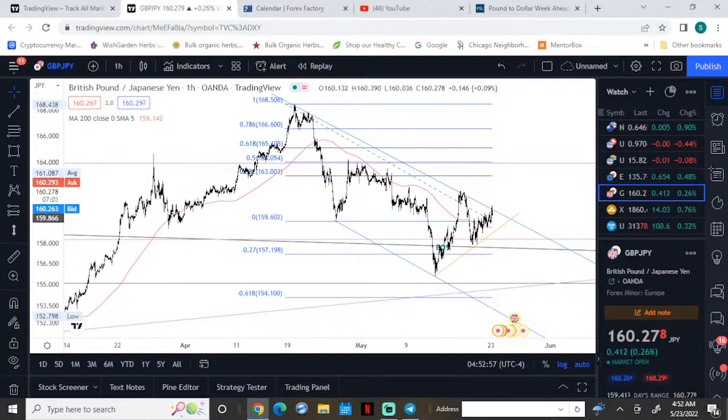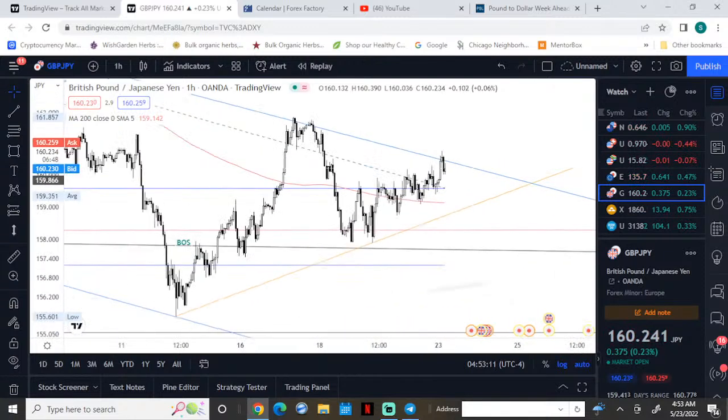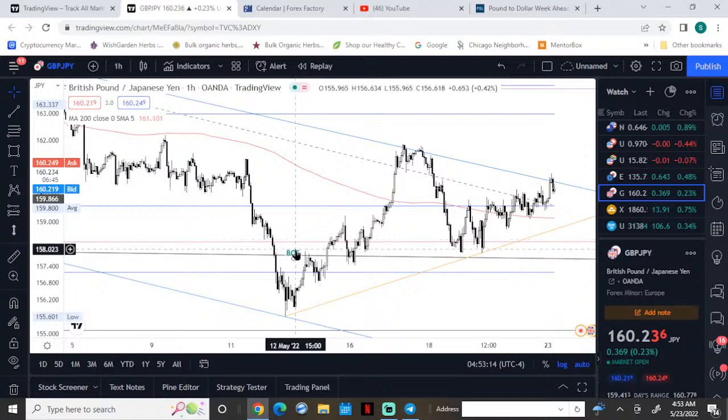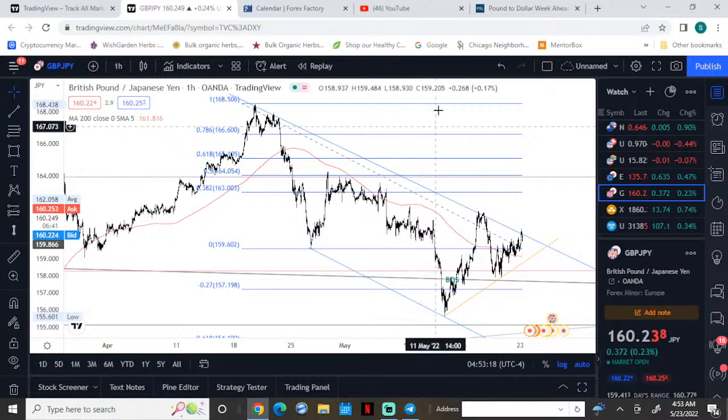I can use the same fib. Yep. So technically, right? Let's see. Price. So I marked this up because price broke structure right here. Okay. So let's remove this.